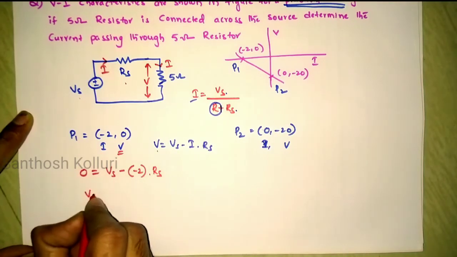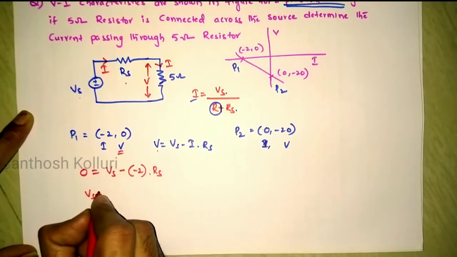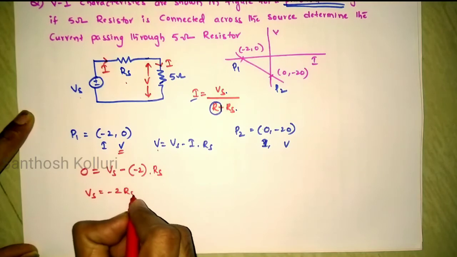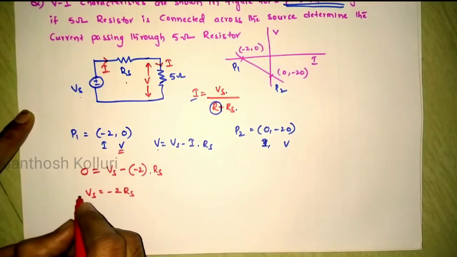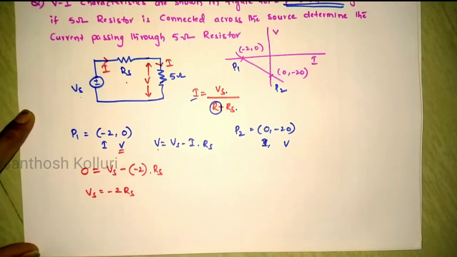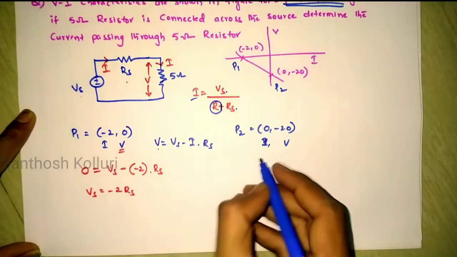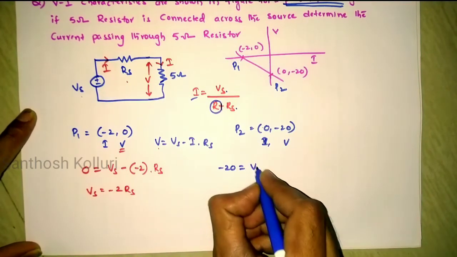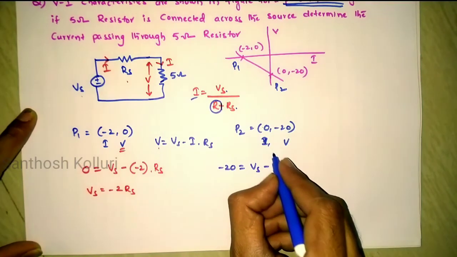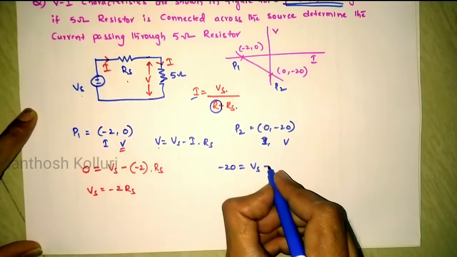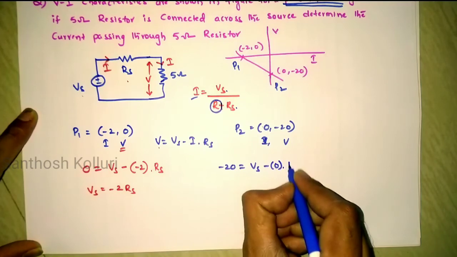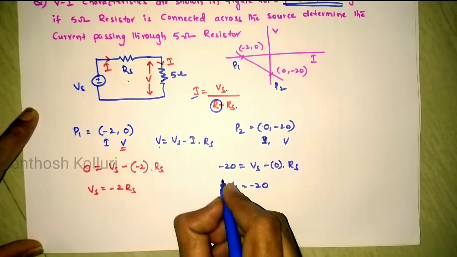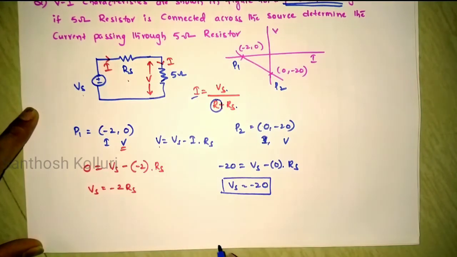Therefore Vs is equal to minus 2 into Rs. This is the value obtained from point P1. From point P2, V is minus 20, which is equal to Vs minus I, which is 0, so 0 into Rs. Therefore Vs is equal to minus 20. This is obtained from point P2.